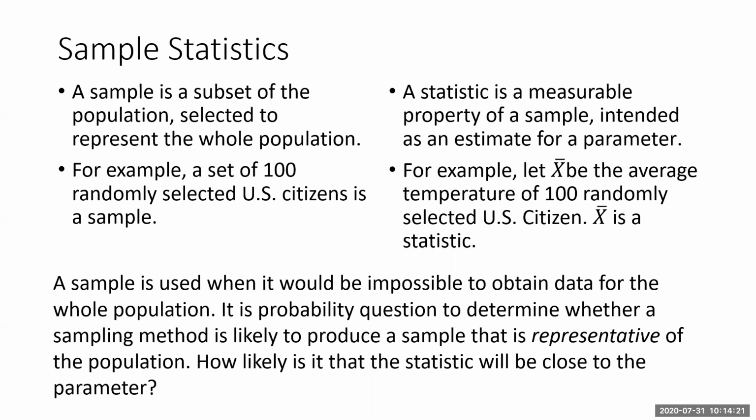And what makes this mathematics is we'll talk about the probability that the sample mean is within some given distance away from the true population mean. So it becomes a probability problem to address the question, how close is it likely to be?